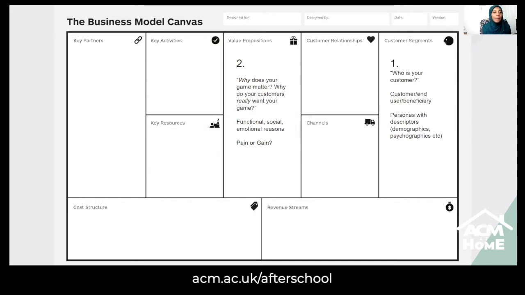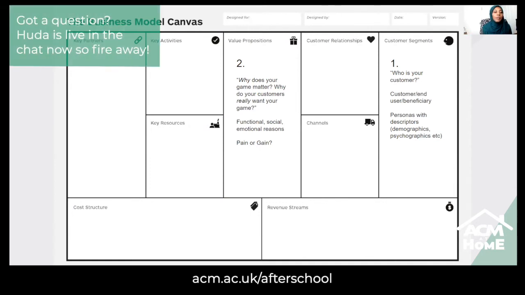You have functional, social, and emotional reasons for doing things. With game ideas, for instance, you might say it's fun and it's unique and whatnot. But then why they really want it is because they want to impress their friends, for instance, which is a social reason.